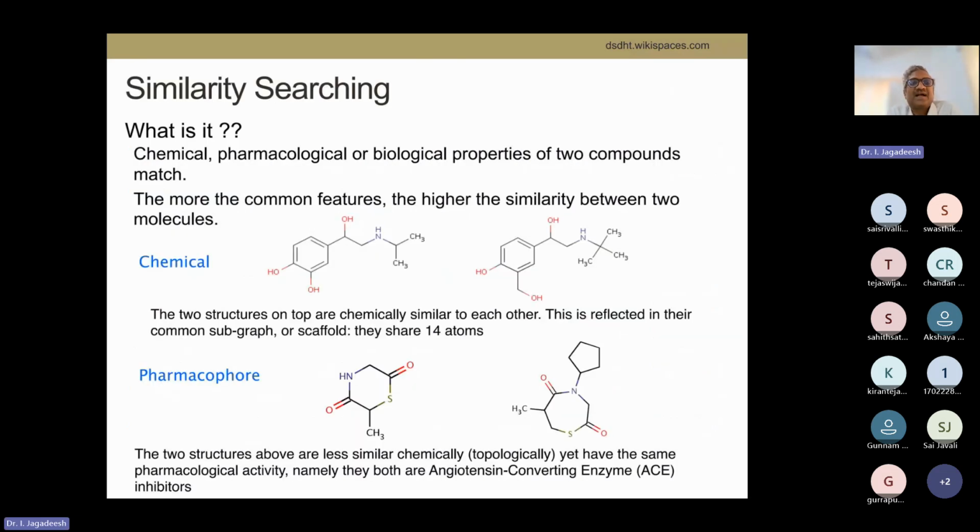After you are filtering it and removing the PAINS, everything, we need to do the similarity search. What is the similarity search? The chemical, pharmacological or biological properties of two compounds will match. So either it is matching chemically, biologically or pharmacologically, then we can consider them as similar for the treatment of the disease. If you see the two structures on the screen, they are chemically similar to each other with functional groups.